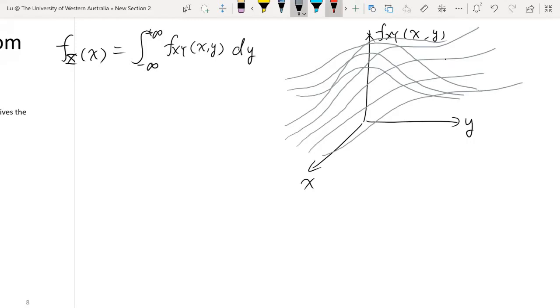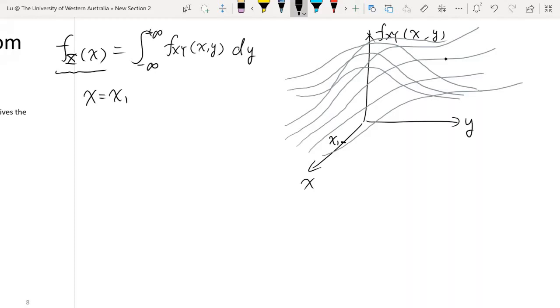Now, what you are going to do here is to evaluate the marginal PDF of X only. Now let's make the whole question easier. We temporarily assume X equals x1. So x1 is a value given here. In other words, I want to know the marginal PDF value at the given point x1.